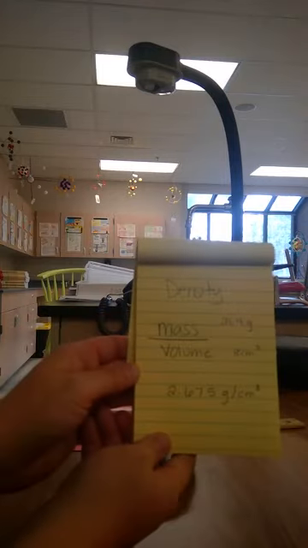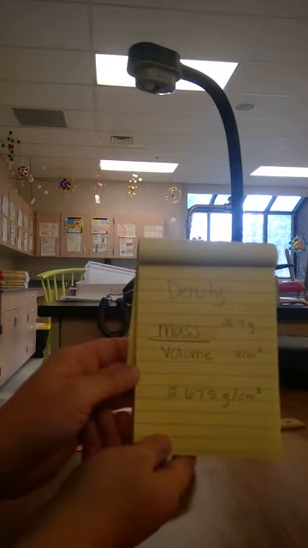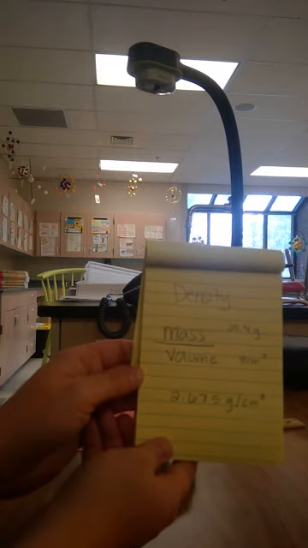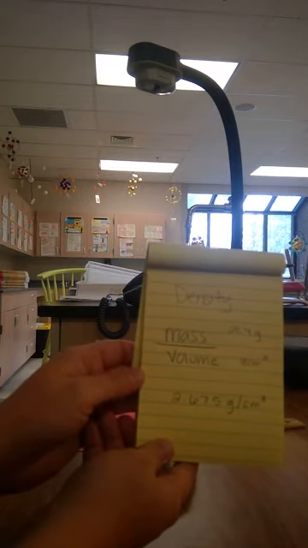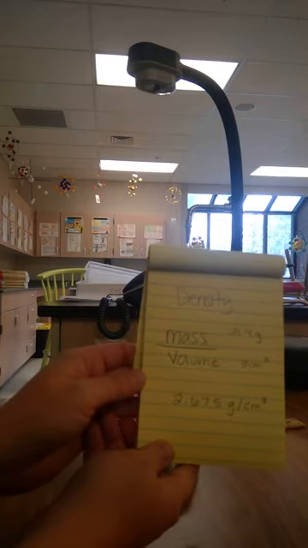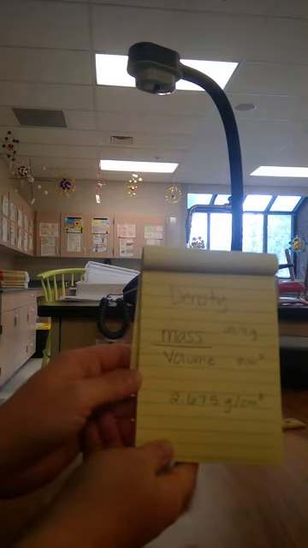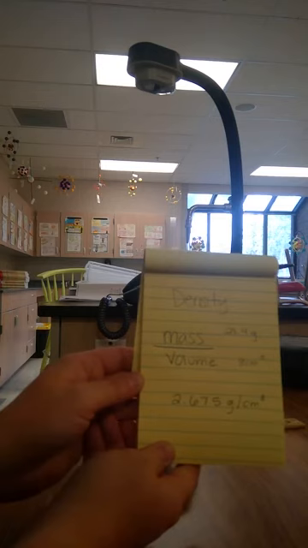It's kind of blurry. So again, you will have to calculate the density of each of those items, and you will have to calculate the volume of each of those items. You can use a calculator.